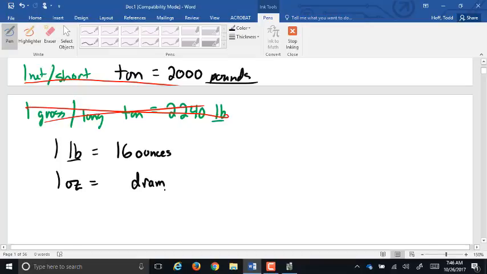Standard is a dram. There are 16 drams in an ounce. The dram was one of the original apothecary units for medications. You might be prescribed an eighth of a dram of a medication or a 16th of a dram of medication.